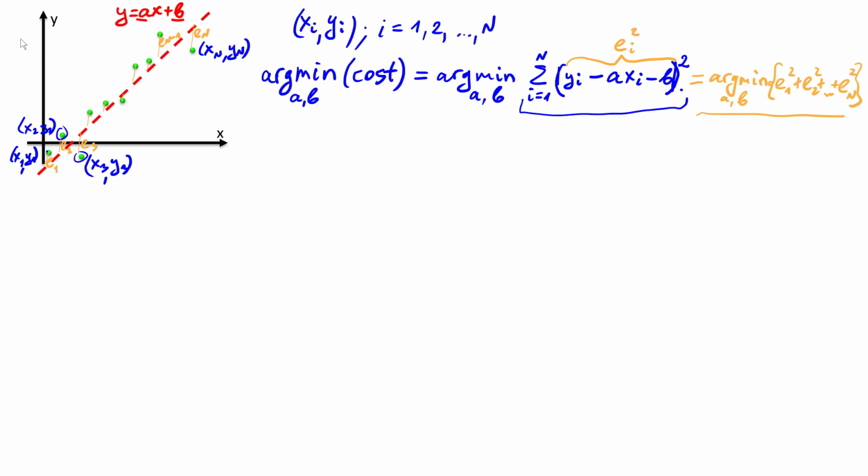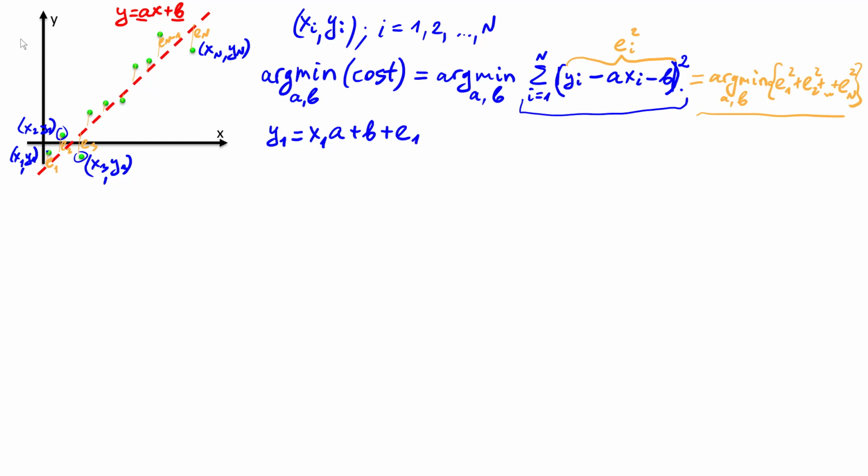Let's write explicitly what those errors are. From the equation of the line, we will see something like this. Our y1 will be x1 multiplied by a plus b, which is the equation of the line, plus error number 1.